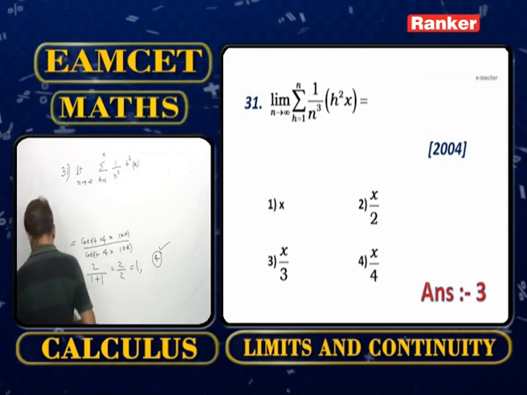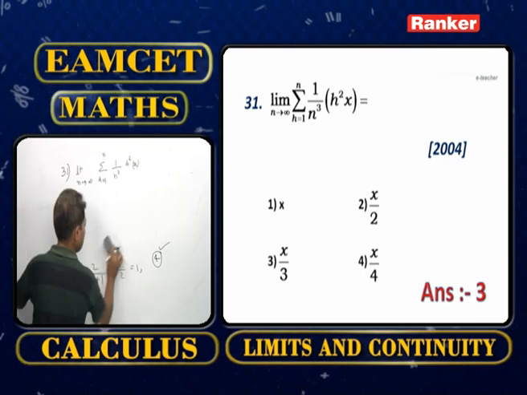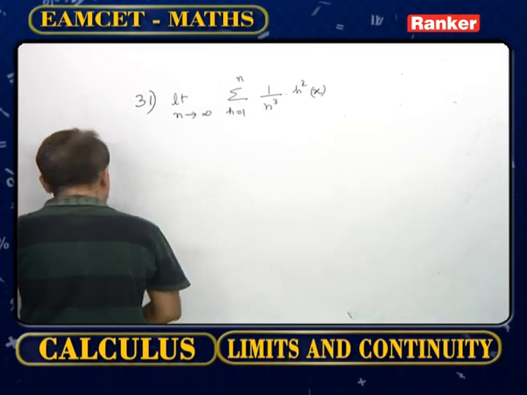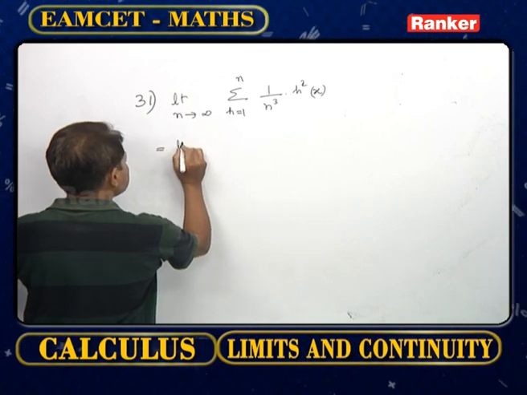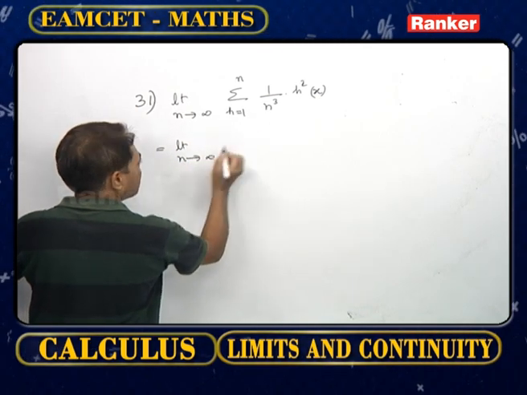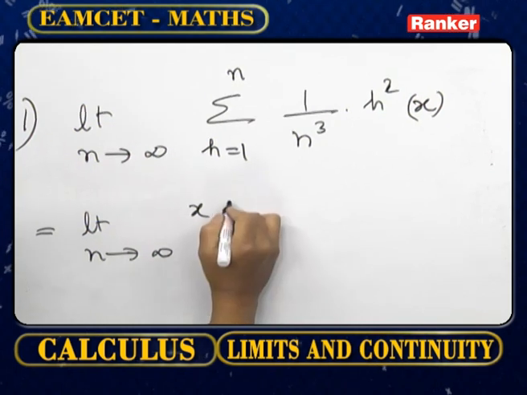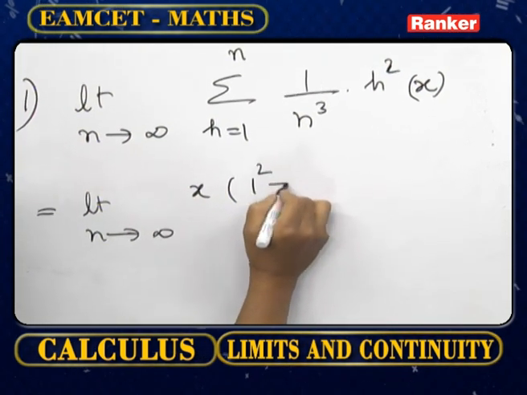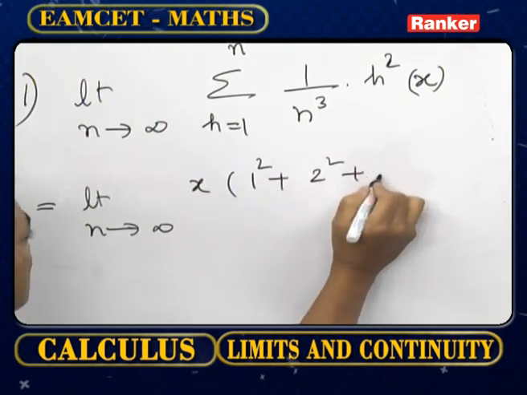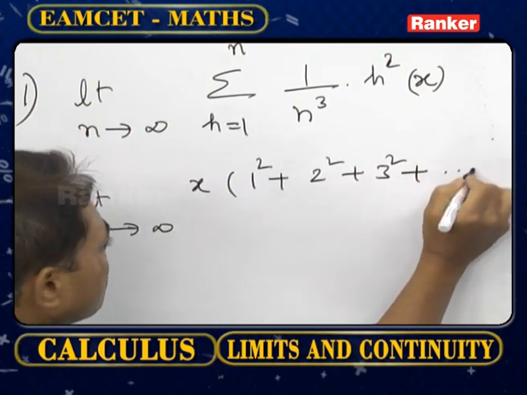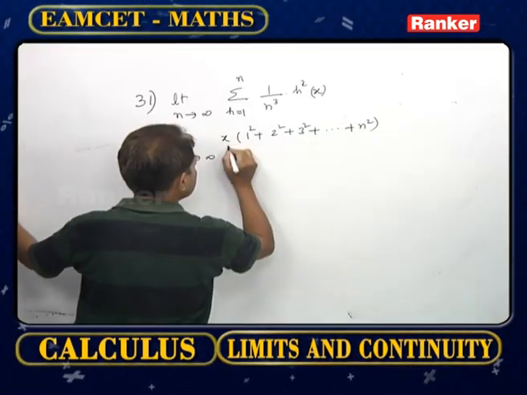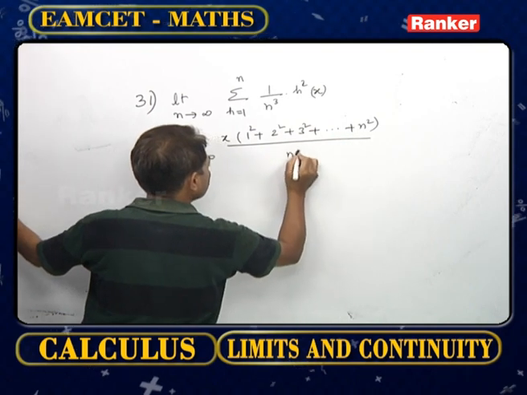What is this answer? Same old method, we get the same formula. If you apply sigma, take x common, and h square means 1 square, 2 square, 3 square, so on up to n square, by n cube.